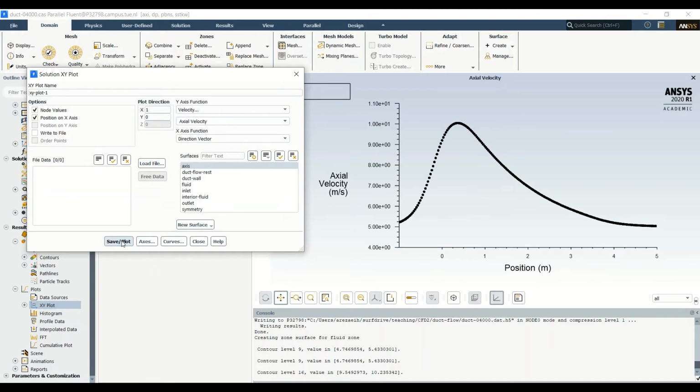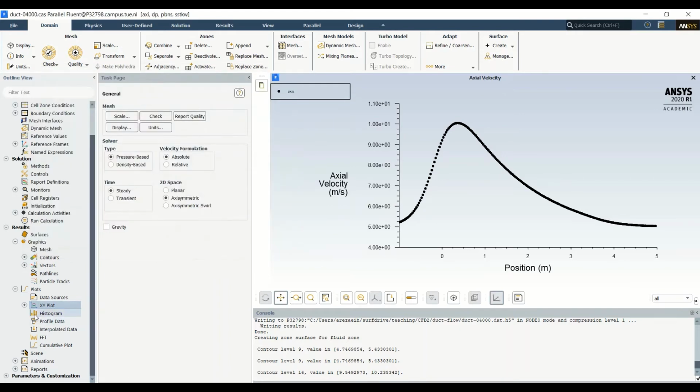Here we can better see the acceleration of flow from 5 to 10. So we have an amplification factor of almost 2. This is also another way to take a look at the flow.